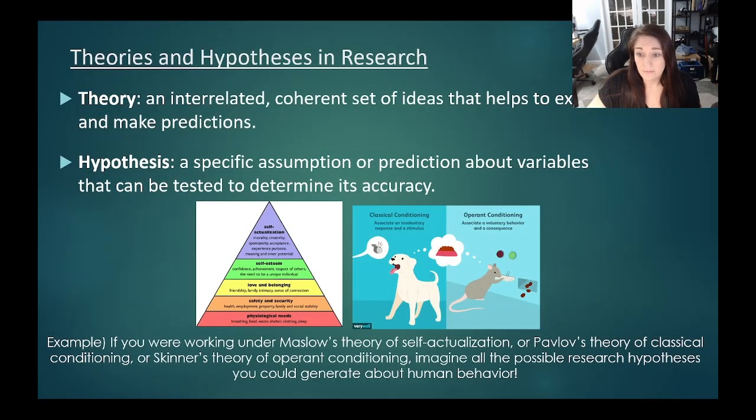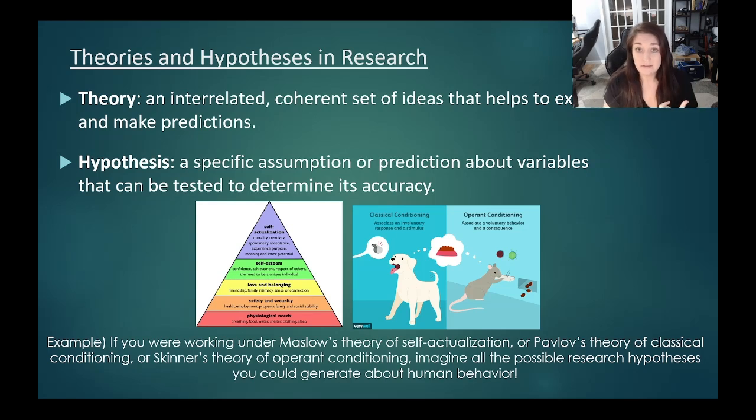Maslow says, of course, that people cannot psychologically develop unless each of the tiers of his hierarchy are met, right? So basically, a hypothesis could be people cannot invest psychological energy into health or employment if their basic physiological needs are not met. Okay?